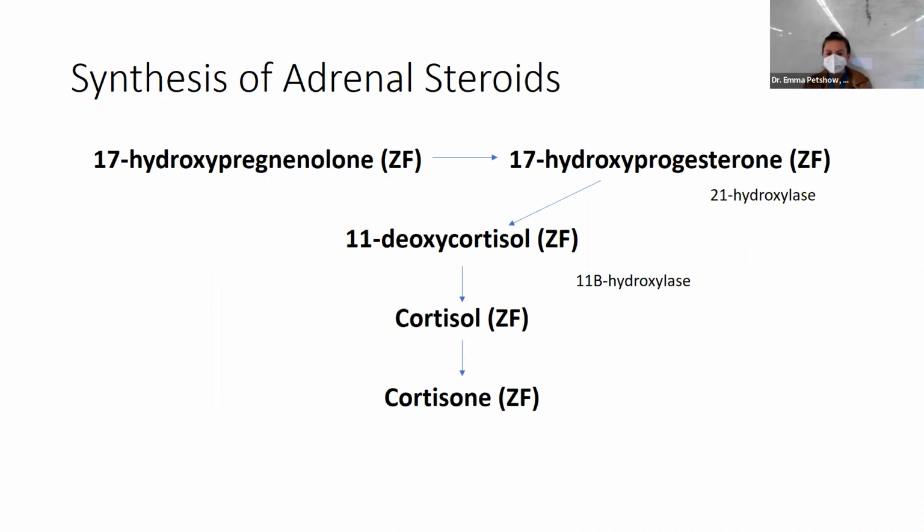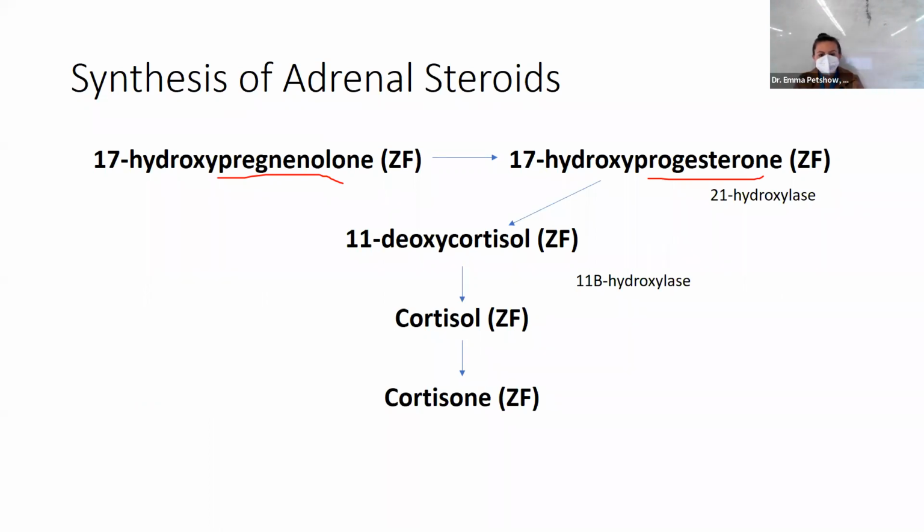This can be formed from progesterone itself directly, right? But 17-hydroxypregnenolone can also become 17-hydroxyprogesterone. So there are some interconversions available in this adrenal synthesis pathway. So when you look at one of these full schemas on one page, it can get really confusing because you have arrows going in every which direction, which is why I broke it down into little sizable chunks.